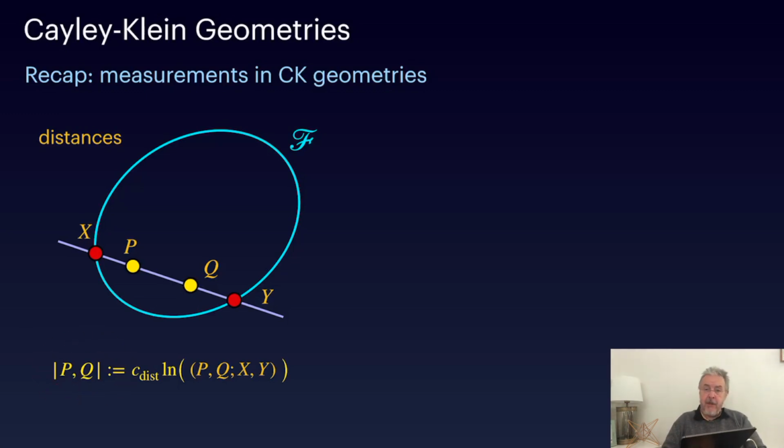I want to mention a fine point here that I haven't discussed earlier, talking about the sign of this expression here, because you see, if I interchange x and y, then the cross ratio here becomes its own reciprocal, and the logarithm causes a sign change here. So whenever we have information on the order of x and y by some external source, it makes sense to speak about signed distances here.